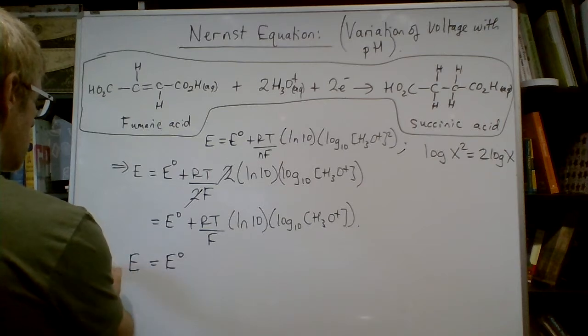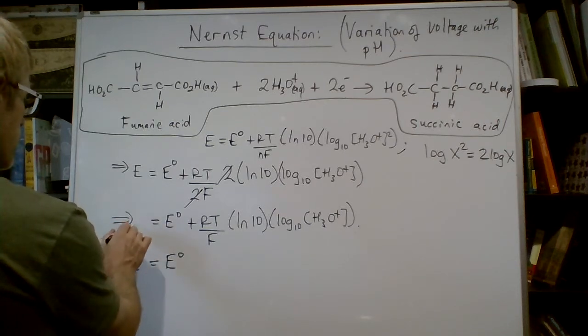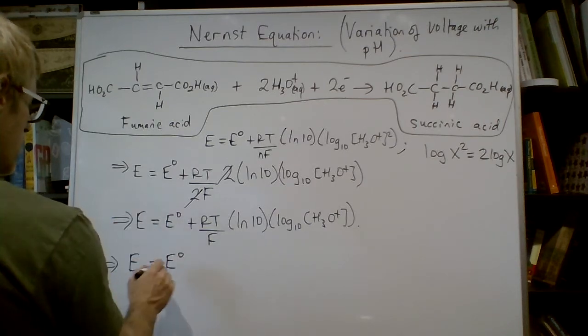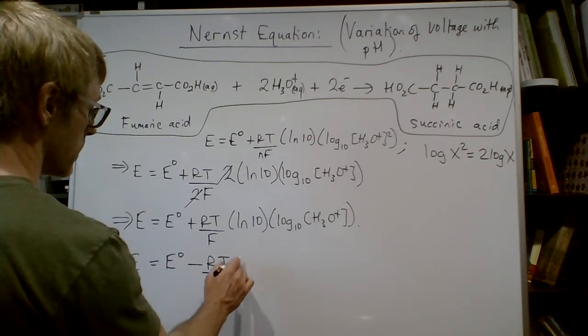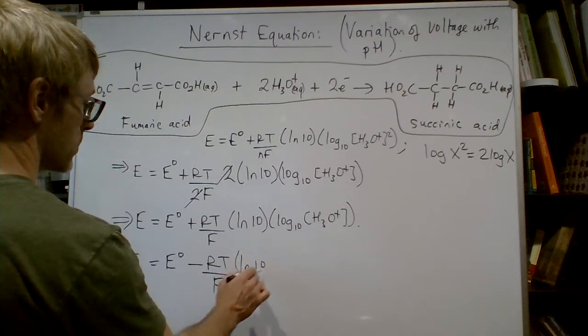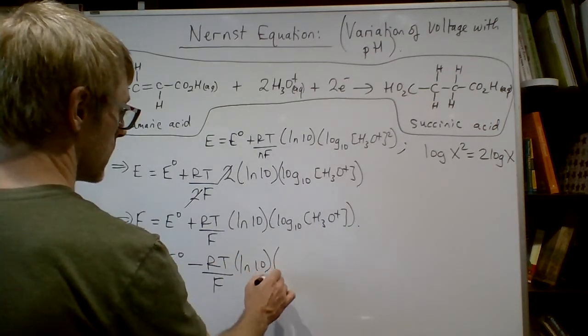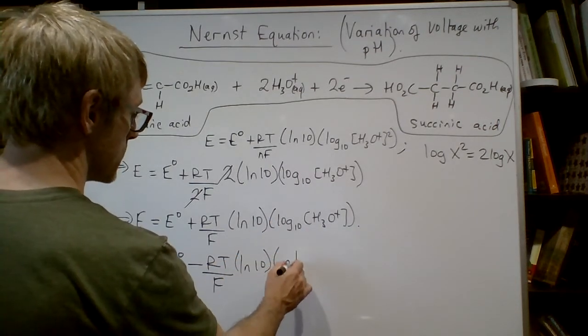So I can write E is E standard minus RT over F log 10. I put the negative there, so that just becomes pH.